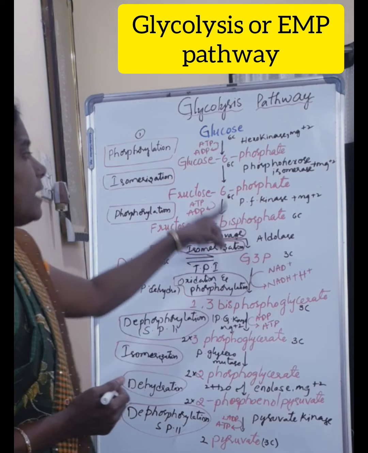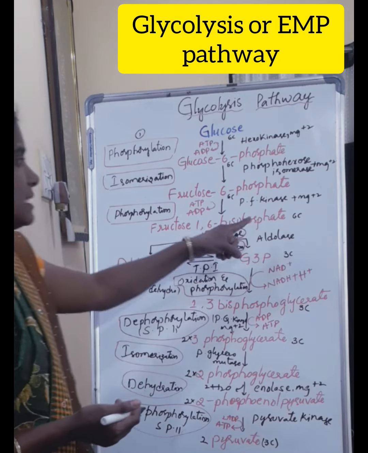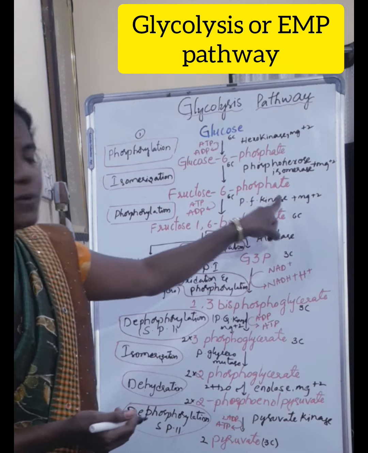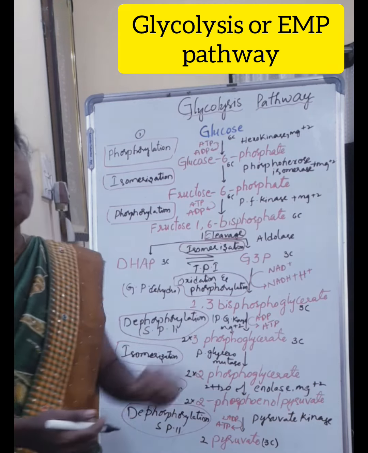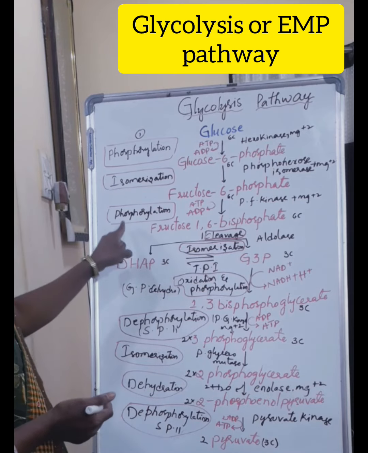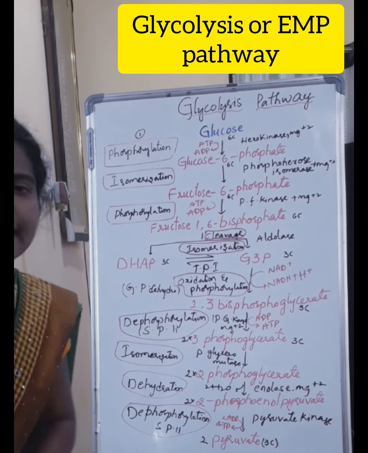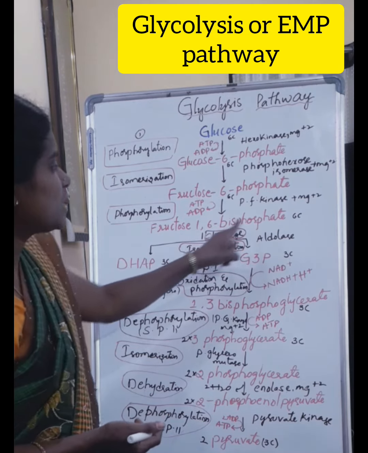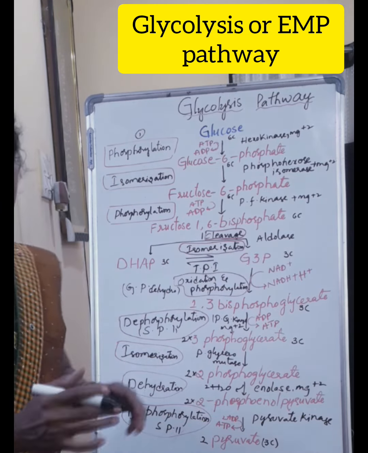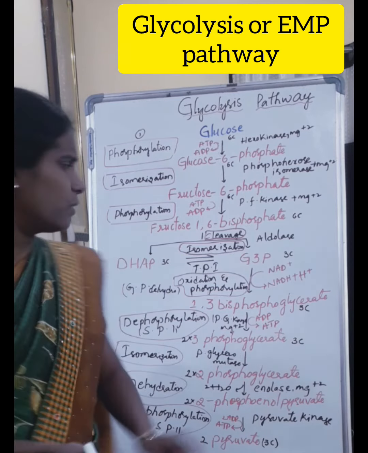Fructose 6-phosphate is converted to fructose 1,6-bisphosphate with the enzyme phosphofructokinase and magnesium ions. Here also phosphate is required, so that is phosphorylation, and here also ATP is converted to ADP. Next, fructose 1,6-bisphosphate undergoes the cleavage process. Cleavage means breakdown.